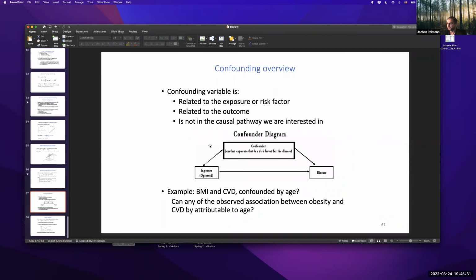Then you slowly come to understand directed acyclic graphs, and how confounders are associated with both disease and exposure. For example, is BMI and CVD confounded by age? Here age would hypothetically be a classical confounder, and this needs to be, quote unquote, adjusted for. There was also a question from one of your colleagues: what is adjustment?